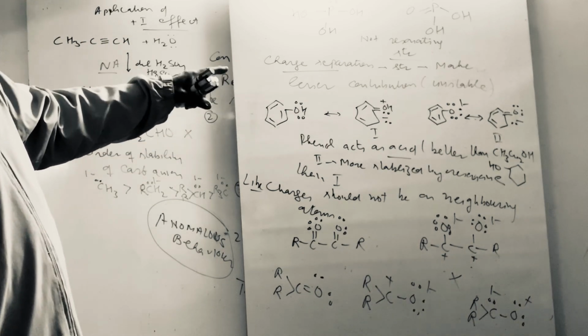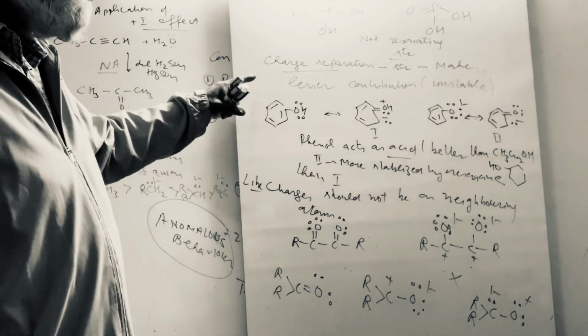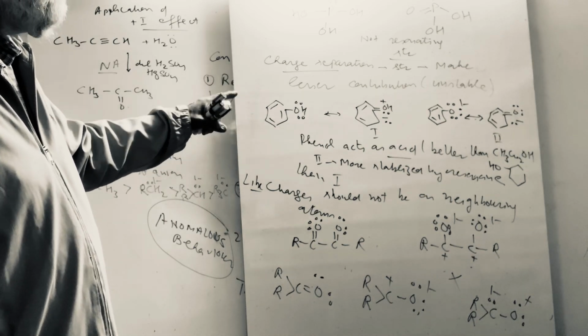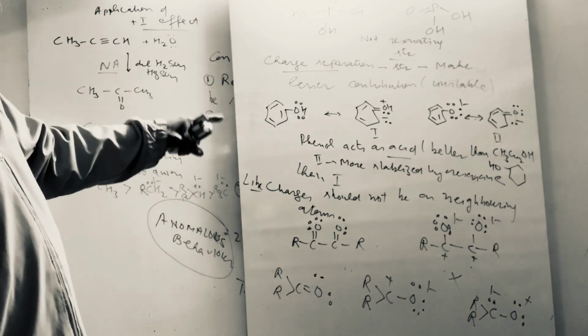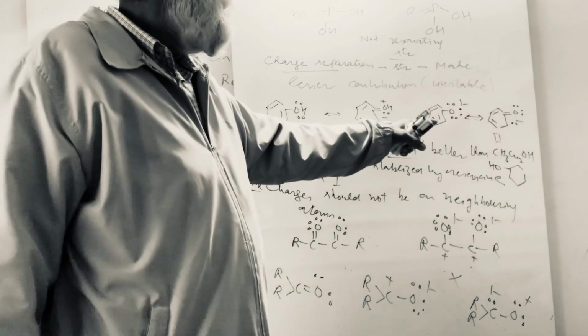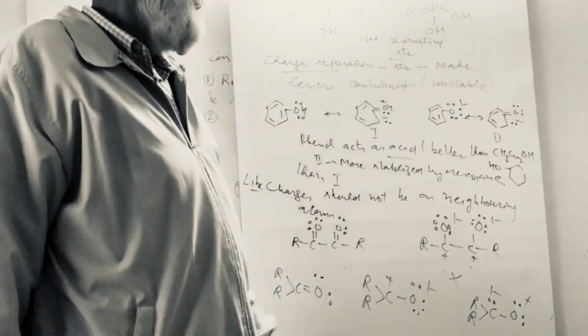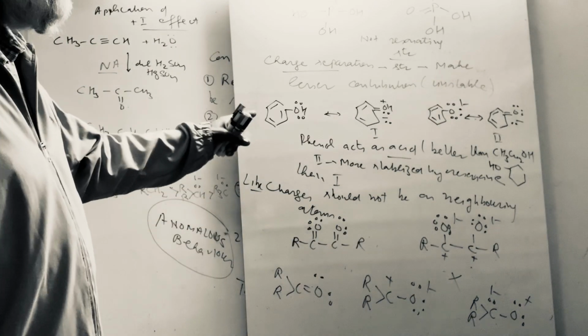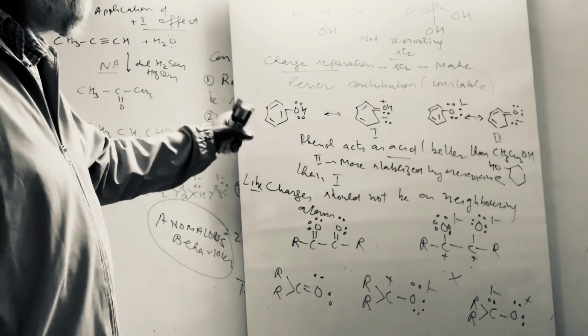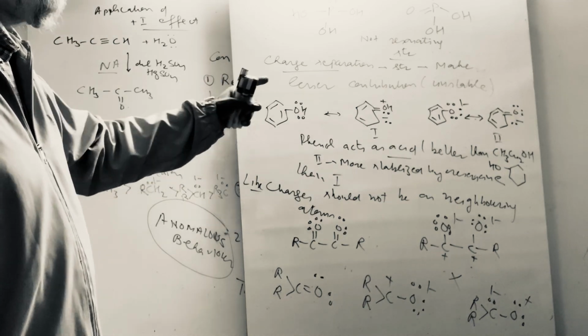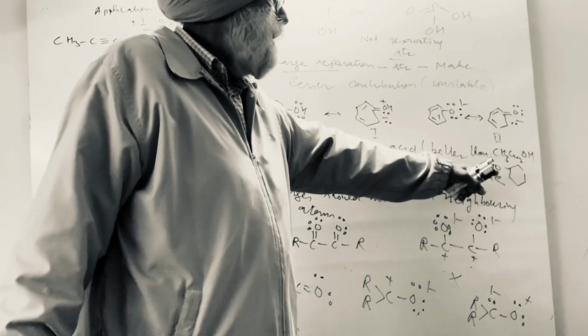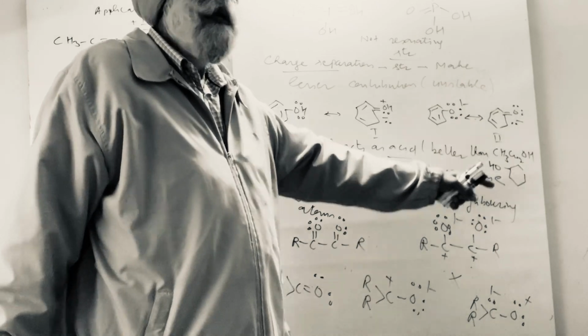Acidity means tendency to lose proton. So phenol has a tendency to lose proton because it results in the formation of phenate ion, which is more stabilized by resonance. So here it has explained the acidity of phenol, better than aliphatic alcohol or alicyclic compound.